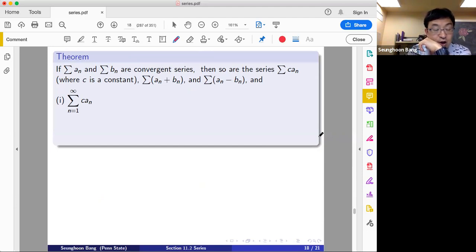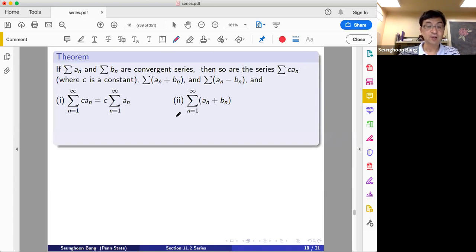What is the summation from n equal to 1 to infinity of c times an? Only take out c. This is possible. We have c times the summation from n equal to 1 to infinity of an.